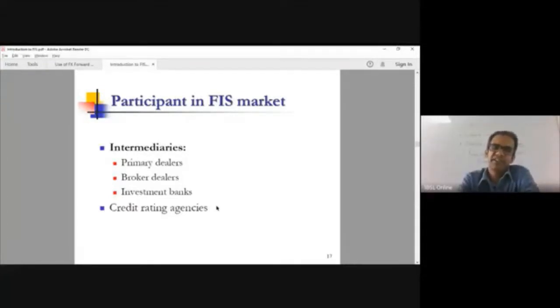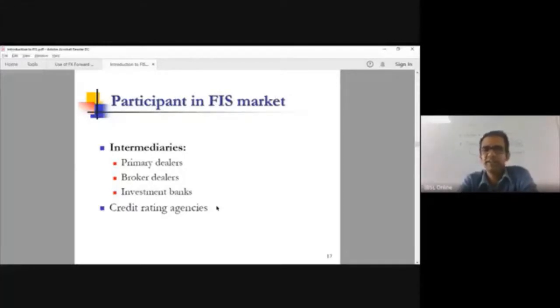Then the credit rating agencies assign credit ratings for the issuers. They analyze the issuers' income, past and future, governance, everything. Then they assign a rating. If an entity gets a higher rating, its borrowing cost may be low.